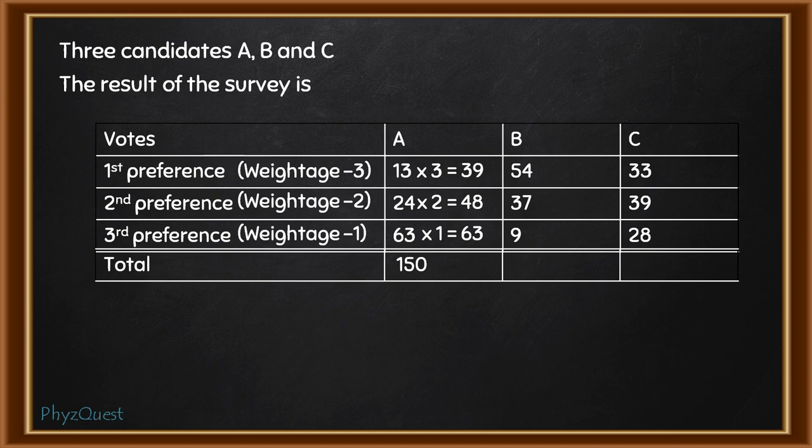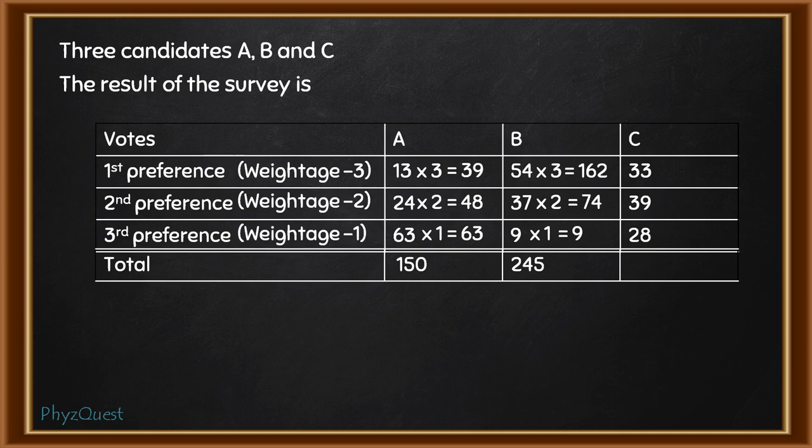Now let's do that for candidate B. Now candidate B has got 54 votes as a first preference, so it will be multiplied by 3, which is equal to 162. Then 37 votes as second preference, so it will be multiplied with 2, which is equal to 74. And lastly, 9 votes as third preference, it will be multiplied with 1, equal to 9. And the final total is 245.